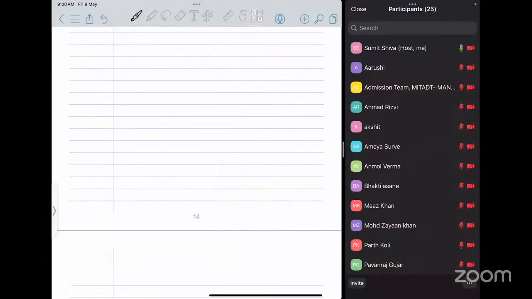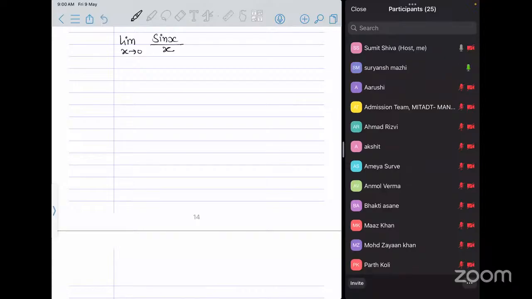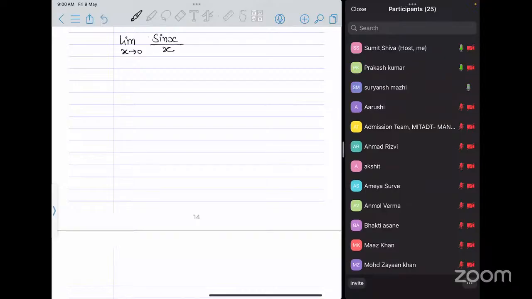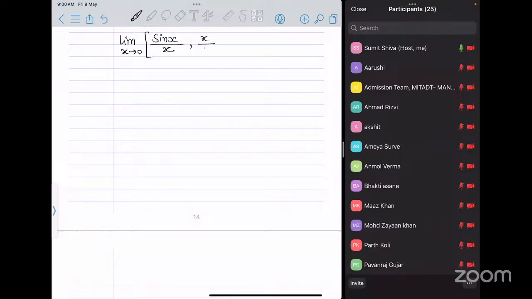Okay, let's start with the basic formula. If we have limit x tending to 0, sin x by x, what will be the answer? 1.